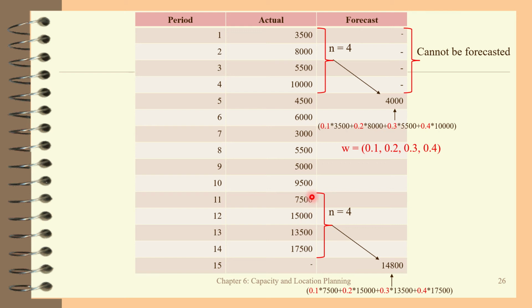So here, 0.1 multiplied by 7,500 plus 0.2 multiplied by 15,000 plus 0.3 multiplied by 13,500 plus 0.4 multiplied by 17,000, and then you get 14,800 here. All right, this is what we call weighted moving average.